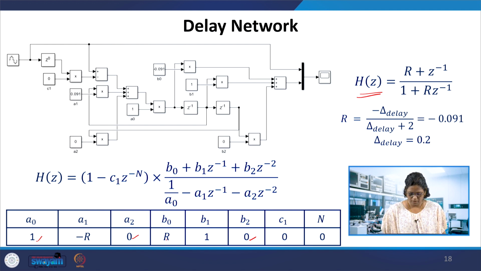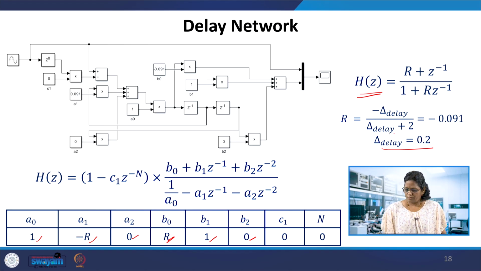A1 is minus R, B1 is 1, B0 is R. R is related to the delay we introduce to the signal, given by minus delta delay by plus delta delay, into 2, plus 2. For a delay of 0.2, R is going to be minus 0.091.